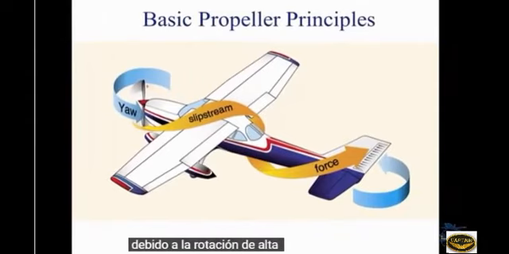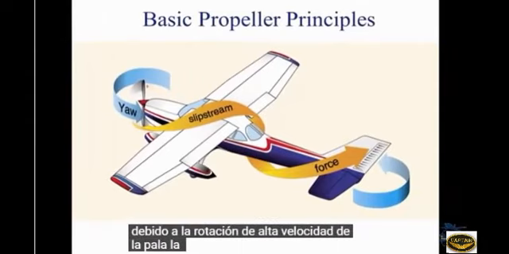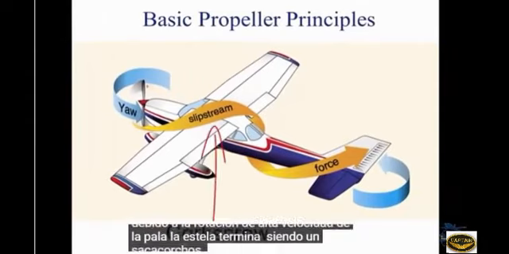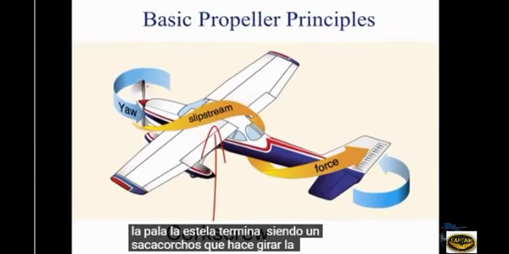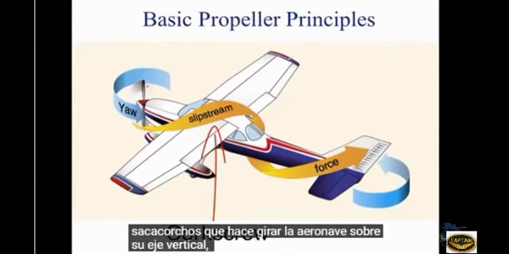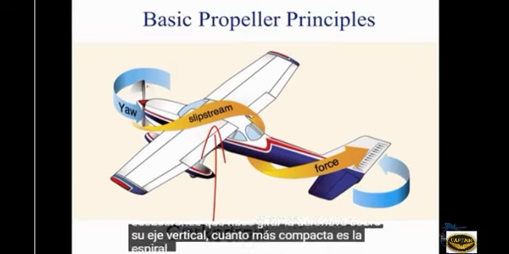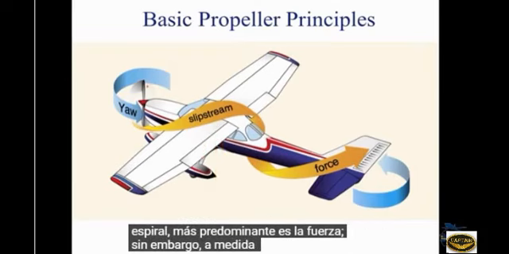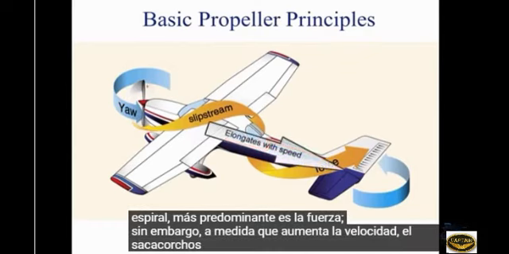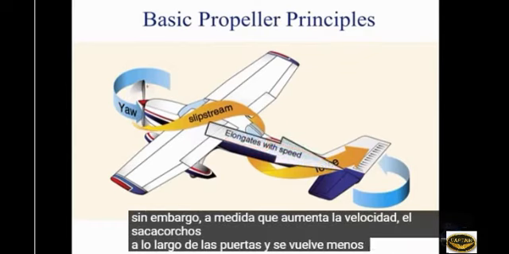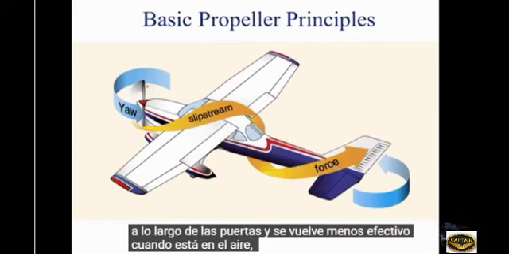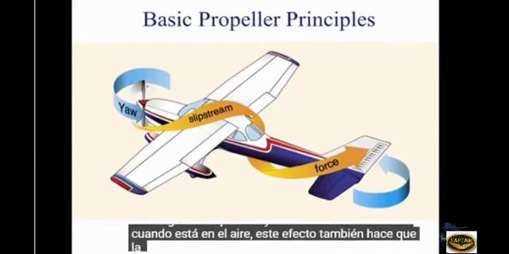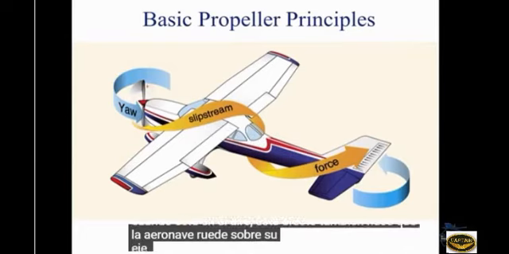Because of the high-speed rotation of the blade, the slipstream ends up being a corkscrew, which yaws the aircraft about its vertical axis. The more compact the spiral, the more predominant the force. However, as speed increases, the corkscrew elongates and becomes less effective. When airborne, this effect also causes the aircraft to roll on its longitudinal axis.